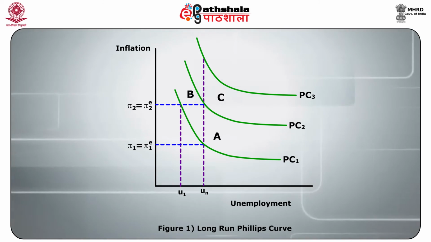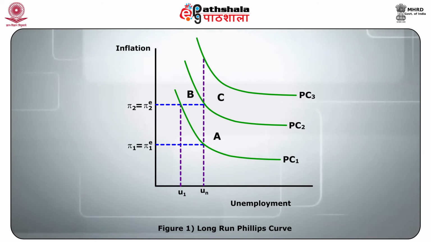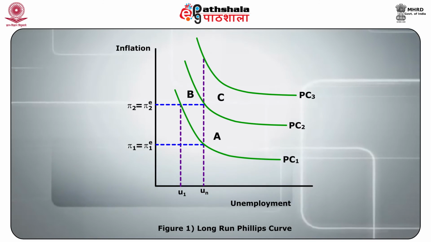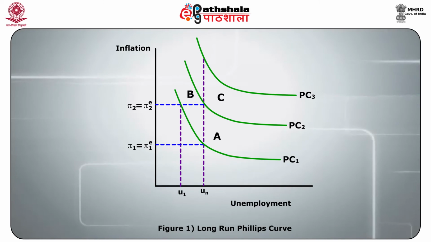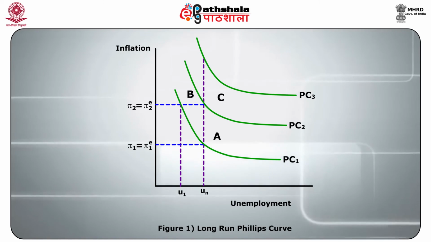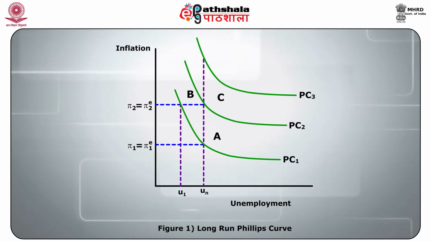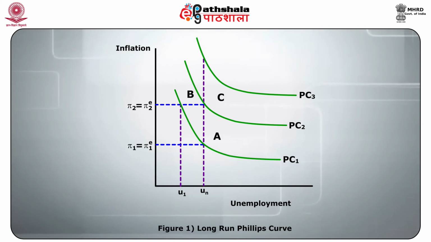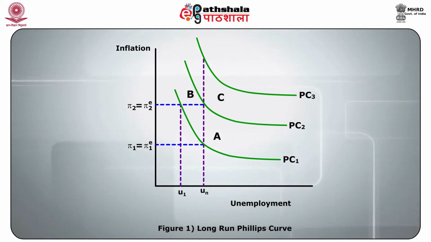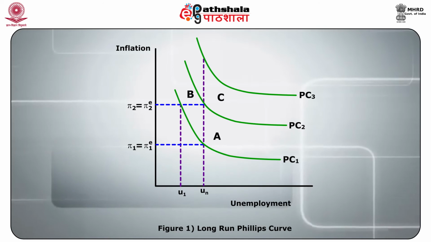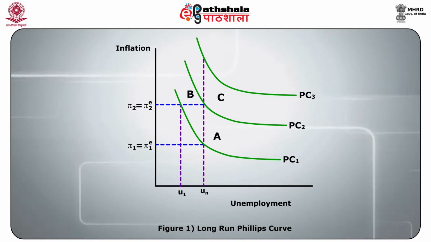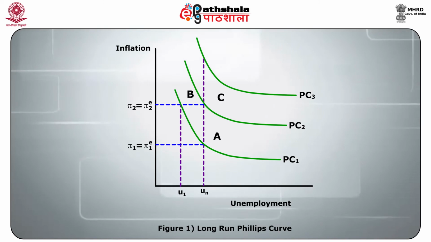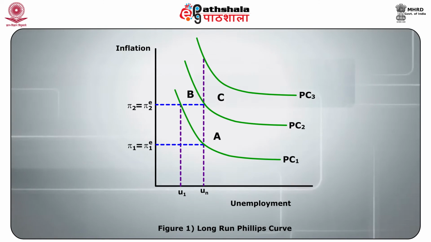A policy maker who wants to reduce the level of unemployment further may continue to increase the rate of growth of nominal money supply, but eventually the economy will return to the long run equilibrium when expectations of inflation fall in line with actual inflation as workers come to anticipate the higher inflation that corresponds to the higher growth in the nominal money supply.